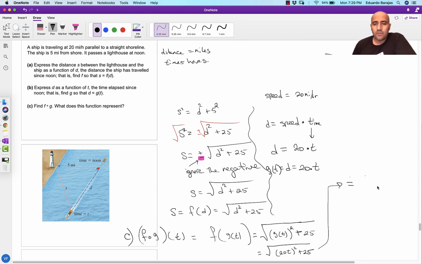So this is equal to t squared times 20 squared plus 25, which we can simplify a little bit.